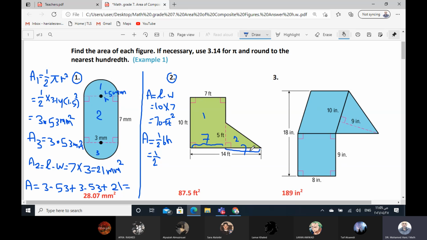So the base here will be 7. Times the height. This is the height, will be 5. Now 7 times 5 will be 35. Then 35 divided by 2. The answer will be 17.5.